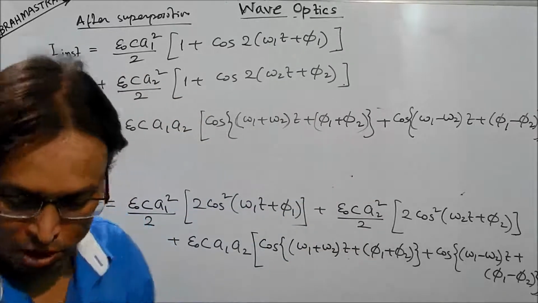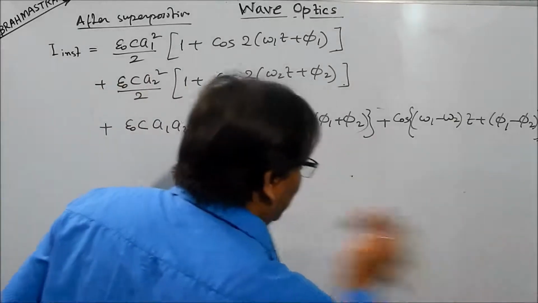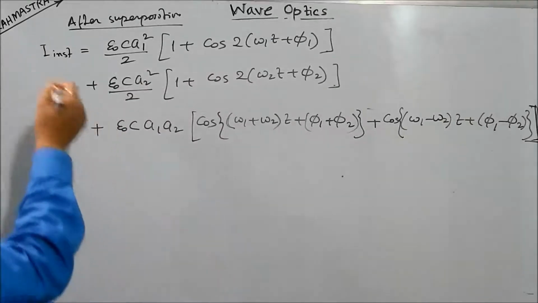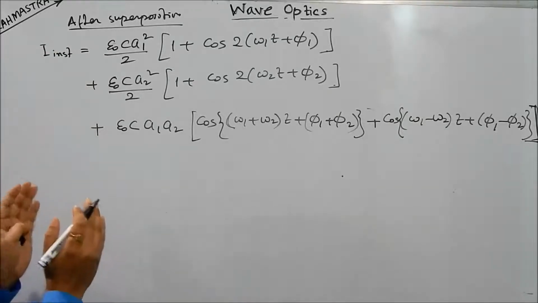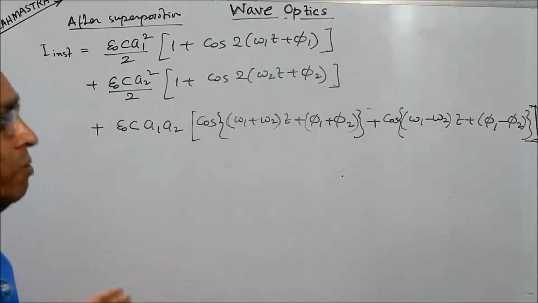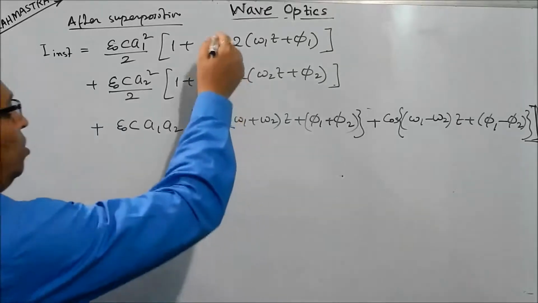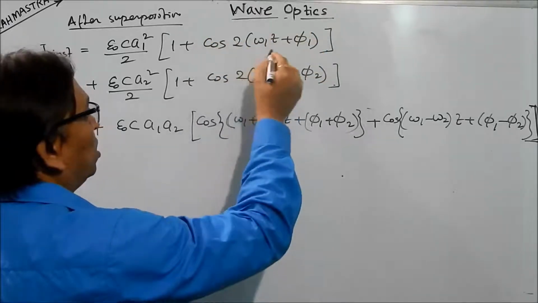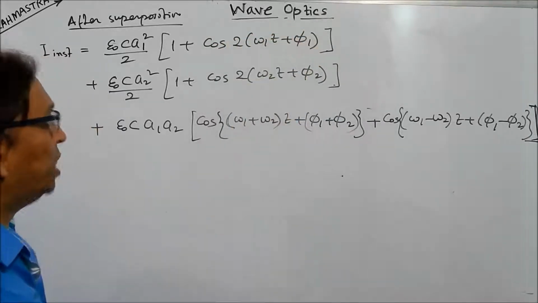Now there may be two cases. Now this was the instantaneous intensity, but we are interested in average intensity, that means time average intensity. So when we talk about time average intensity, suppose all these functions are cos, and within the cos there is a function of time.